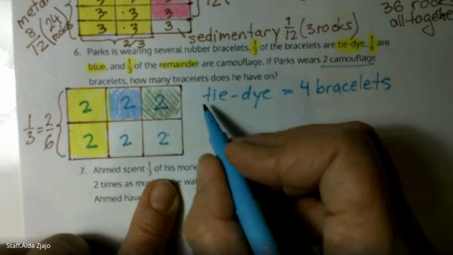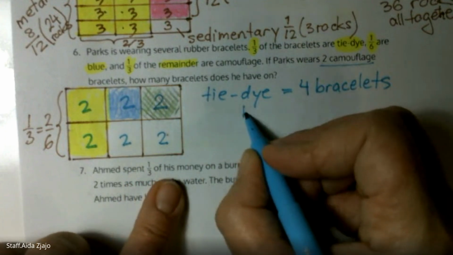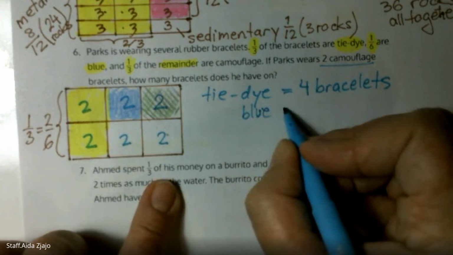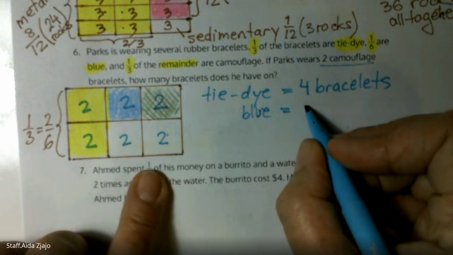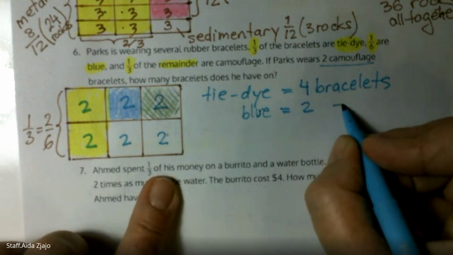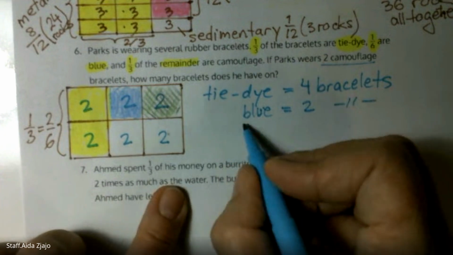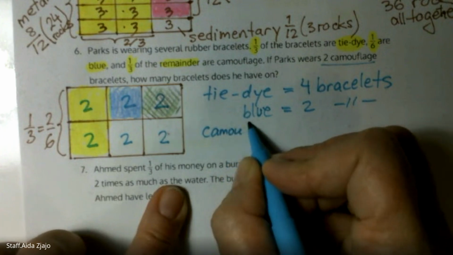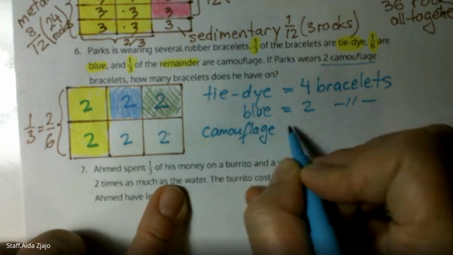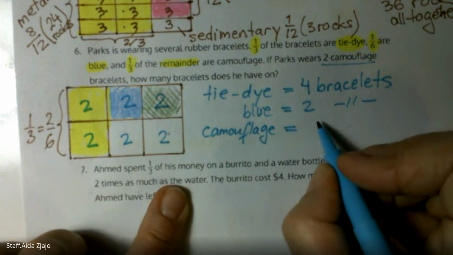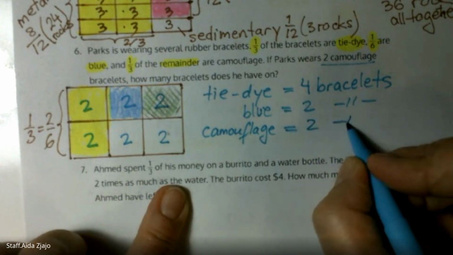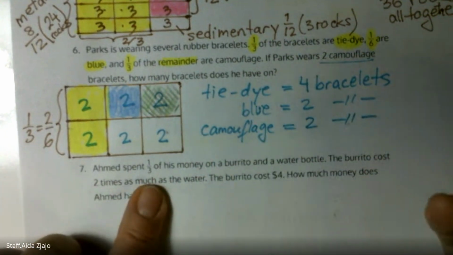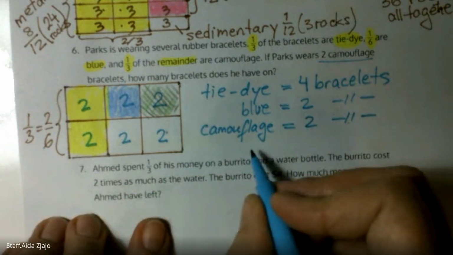The blue equals 2 bracelets, and then camouflage equals 2, and then the rest is maybe different colors.